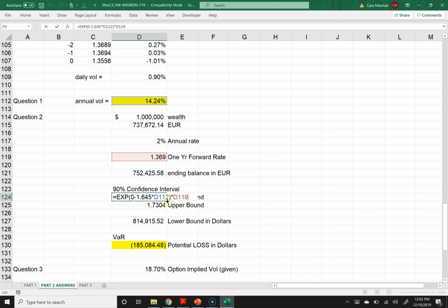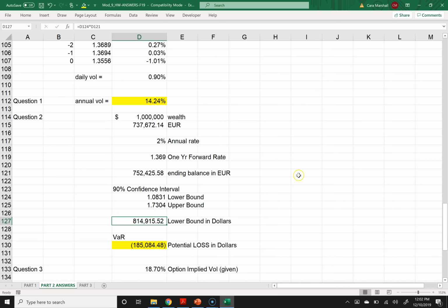We're going to multiply that by, because it's continuous time, e raised to 0 for the mean minus 1.645, since we're using 90% confidence, times the annual vol, the standard deviation. That gives us the lower bound, and the same equation except adding instead of subtracting gives the upper bound. And those are our FX rates with 90% confidence, upper and lower bound.